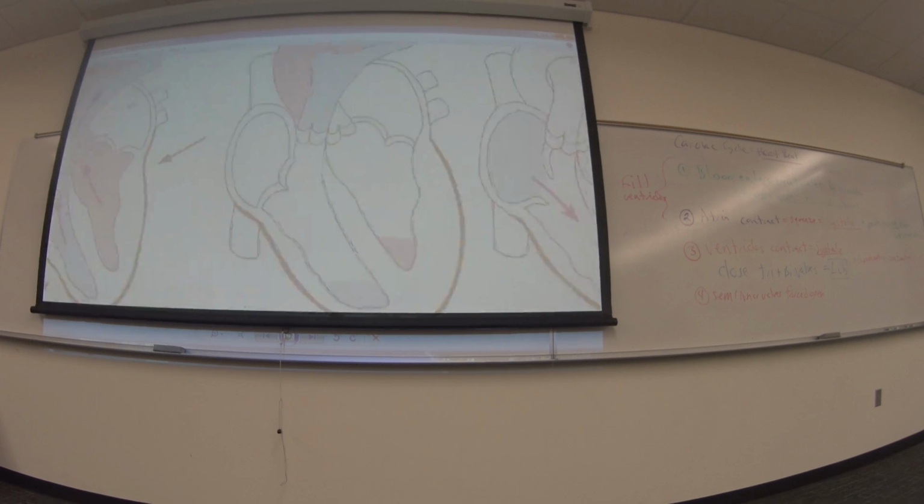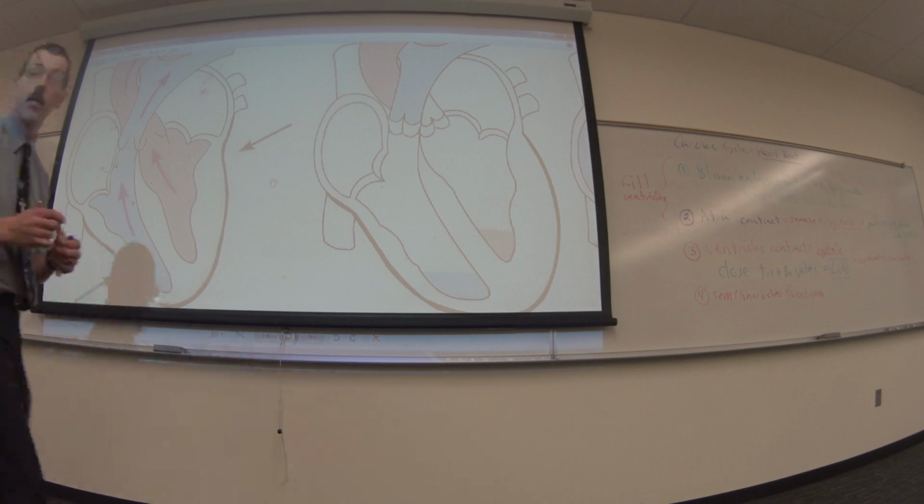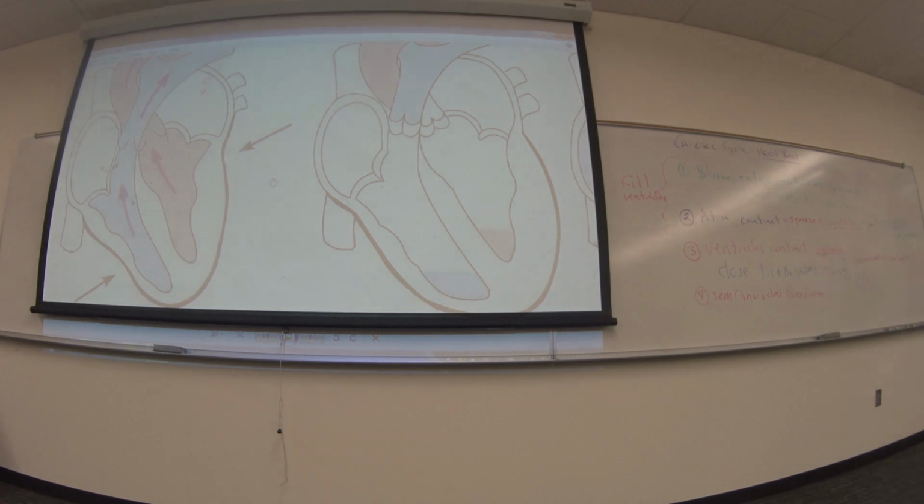Take a look at this picture on the right and tell me what changed. The heart is empty. The valves and ventricles and atria are empty. That's right. Number 7. The ventricles relax. If you don't like the word relax, you can say expand.